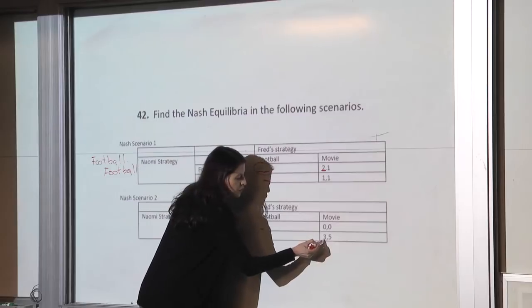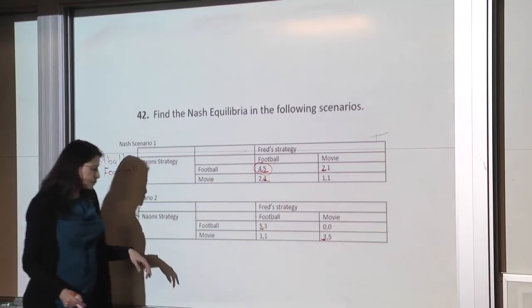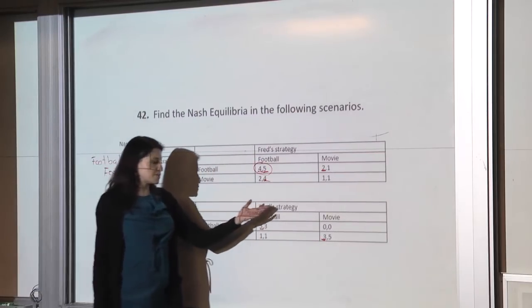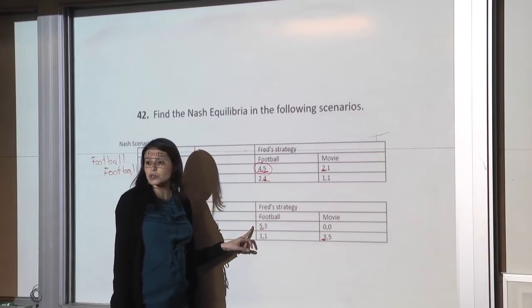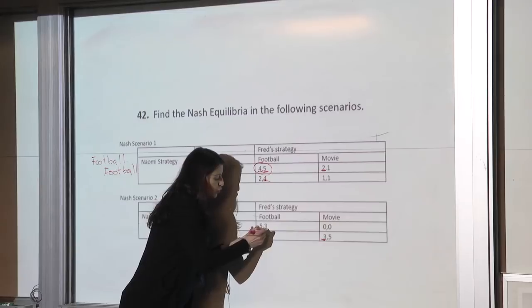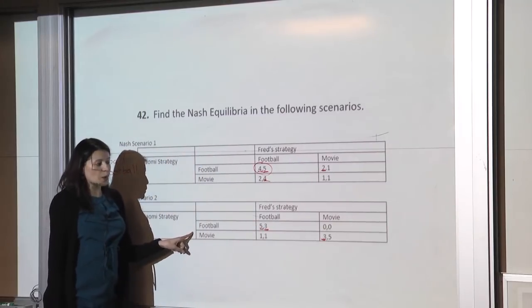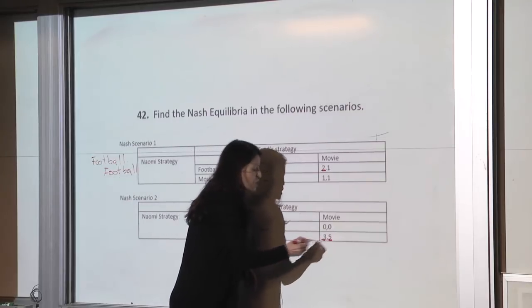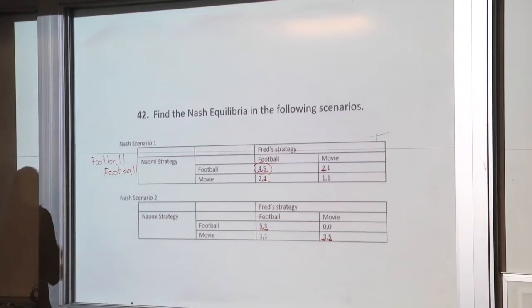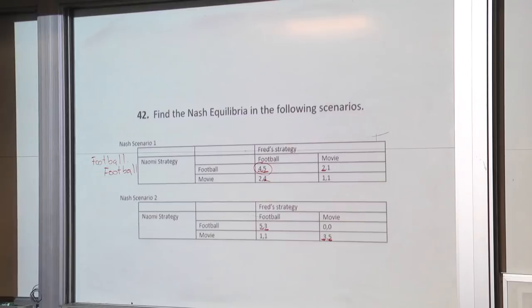Movie too, okay. So, now, from Fred's point of view, if Naomi chooses football, what is the best thing that he can do? Football. And if Naomi chooses a movie, what is the best thing that he can do? Choosing a movie. So in this case, and that can happen, you have 2 possible Nash equilibriums.